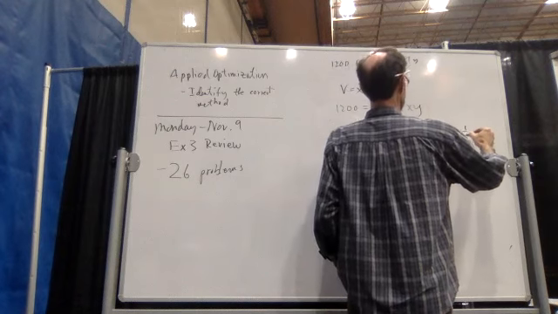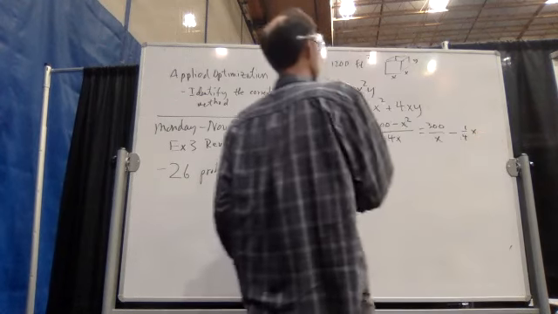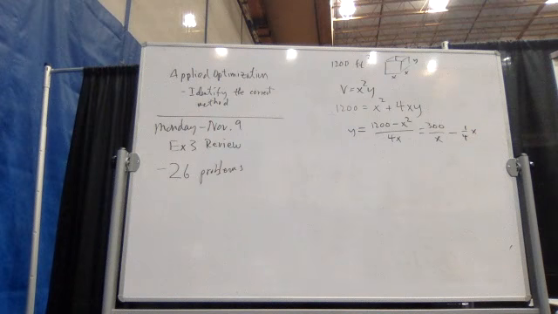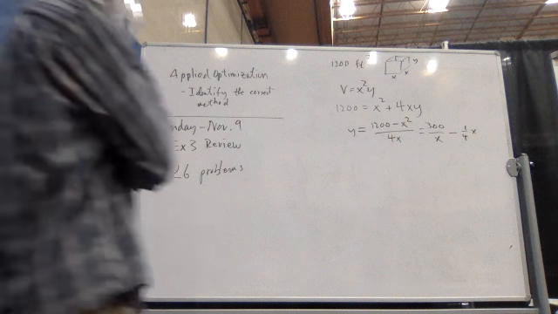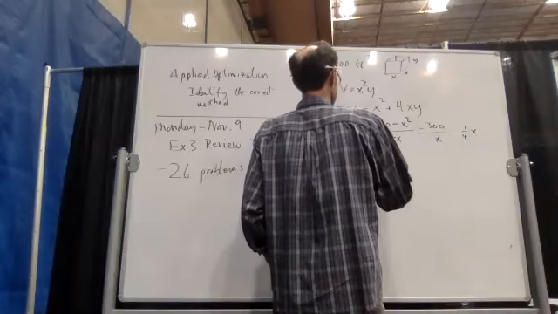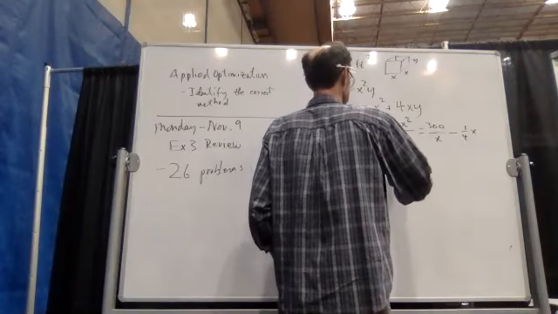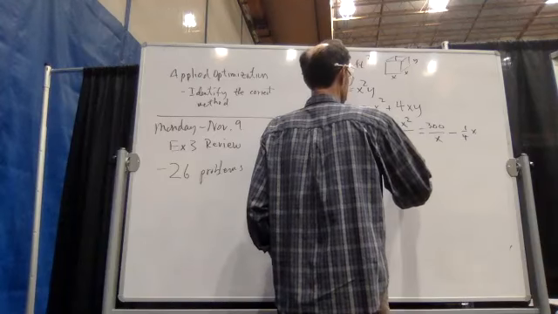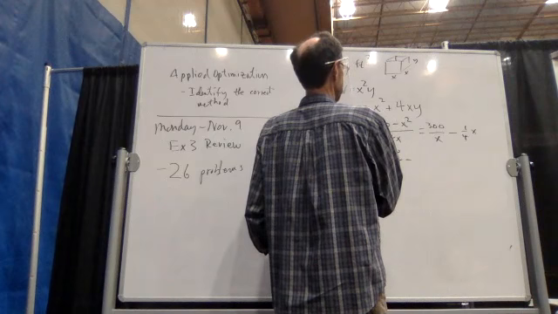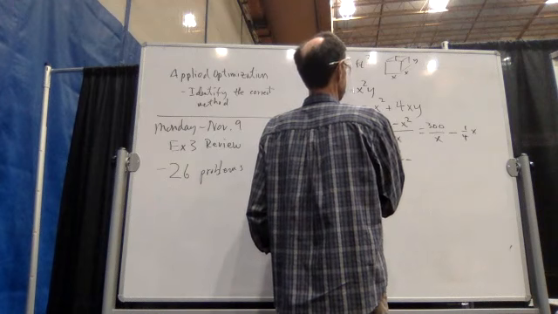Yeah, 1/4 X. Correct? Plug that in so I can write V as a function of X. It's X squared times Y. Would you have 2xy, or sorry, 2x squared? Never mind. Okay.